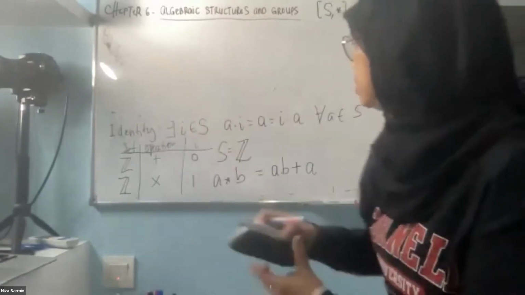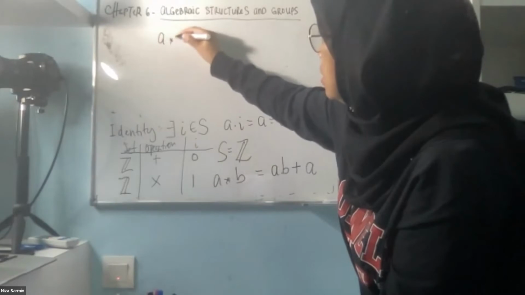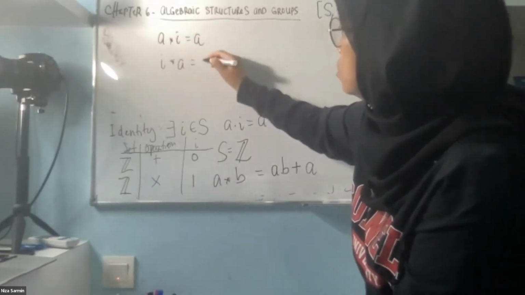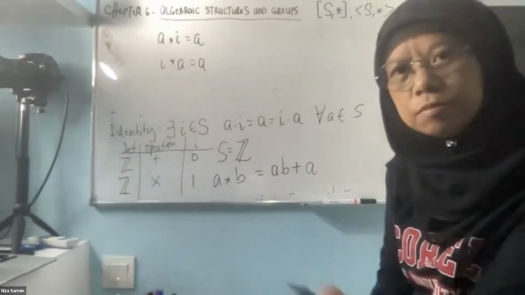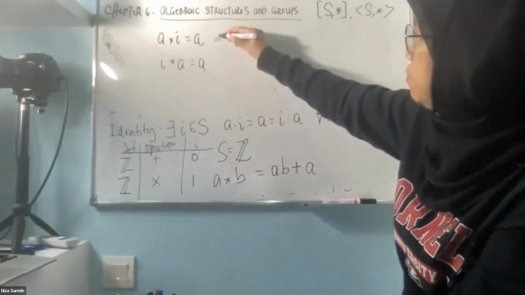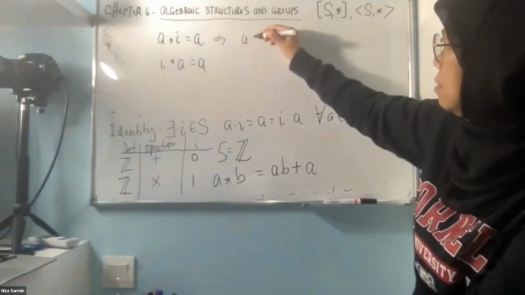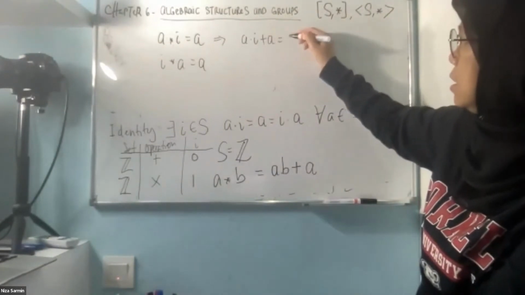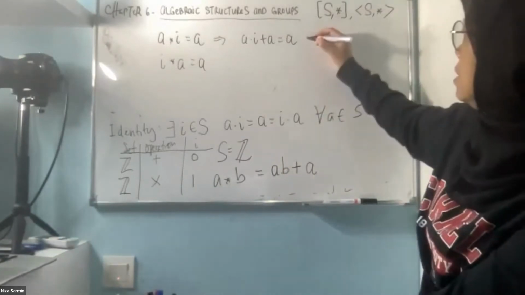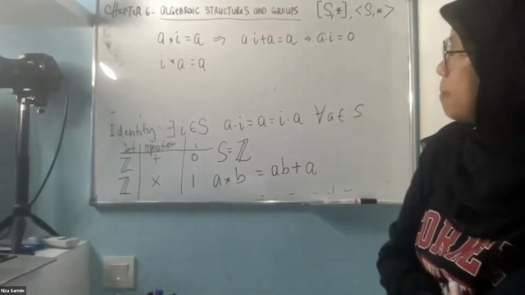So you will use this formula. A star I is A, and I star A is also A. Using the formula, A times I plus A is A. This gives A times I is 0.